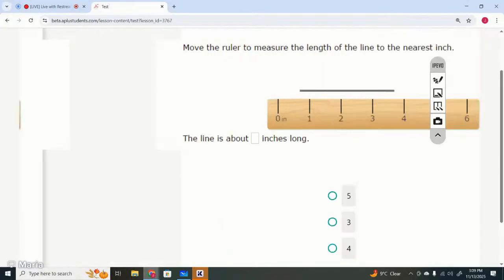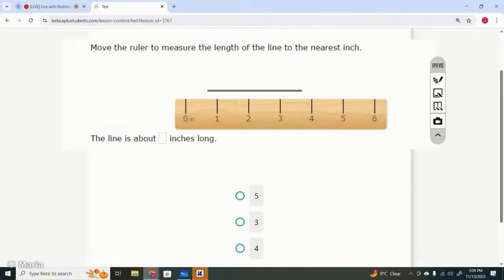Option number 3 is the correct option. Move the ruler to measure the length of the line to the nearest inch. The line is about how many inches long? The correct option is 3 inches long.